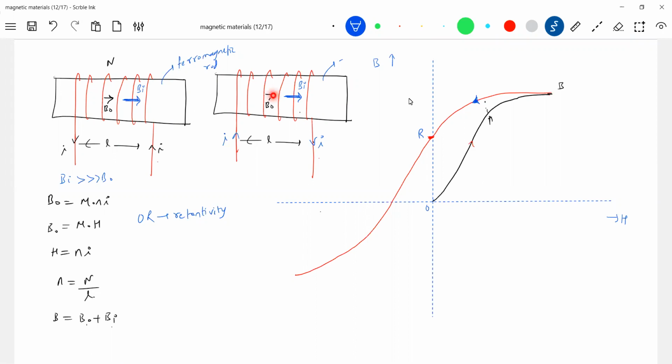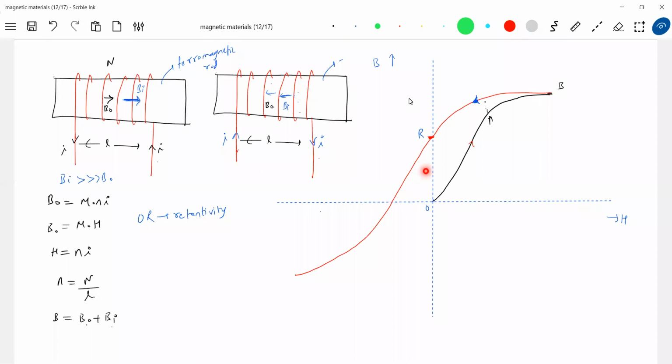Now the B naught direction will be in this direction. As I change the direction of current, how to change the H? By just changing the direction of current through the solenoid. Is it very easy? Yes, it's quite easy. There's a battery, a variable EMF. I'll change the polarity, the current direction will change. Then H now becomes negative.